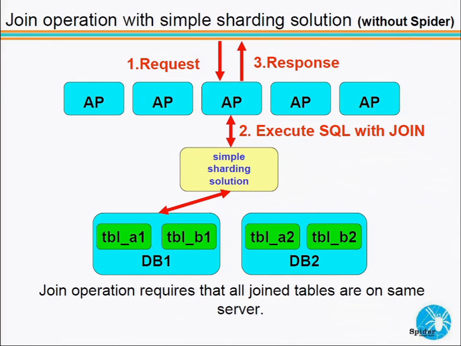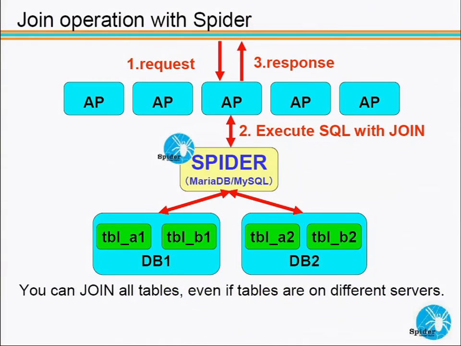A lot of sharding solutions have a limitation. Join operation requires that all joined tables are on same servers. But Spider supports cross-shard join. So you can join all tables if tables are on different servers.